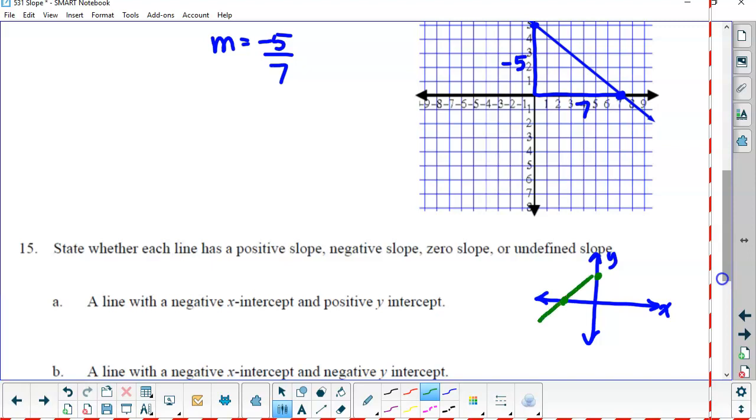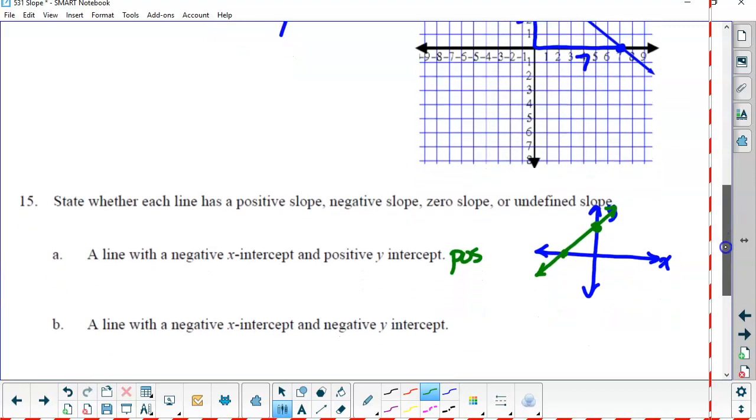So up and to the right. If you have a negative x-intercept and a negative y-intercept, so they're both the same sign, then you're going to have a negative slope. The ratio of the intercepts change the sign.